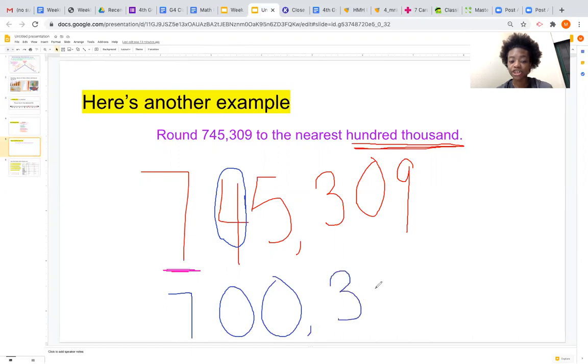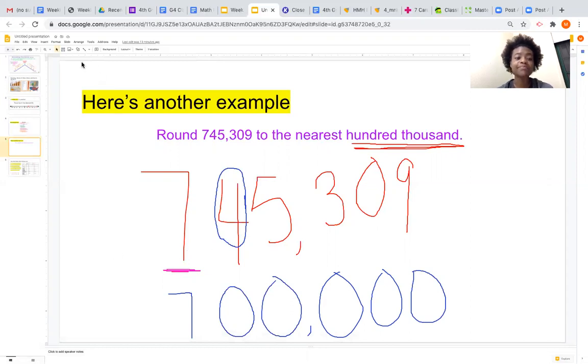So 745,309 to the nearest hundred thousands place is 700,000. This means that 745,309 is much closer to 700,000 than it is to 800,000.